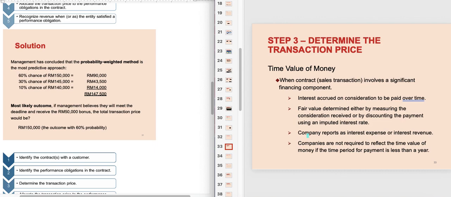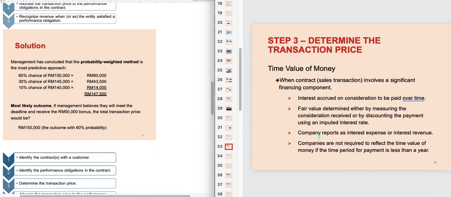So if you want to set the TP and the customer is paying after 1 year, you should adjust the transaction price and consider the present value of the consideration. But if the customer pays within 1 year, then you don't have to adjust the consideration or the TP.